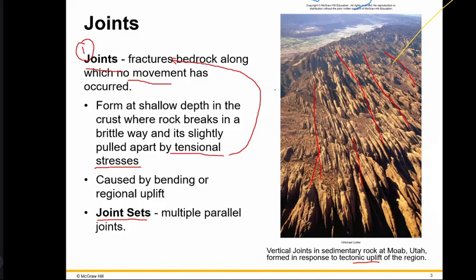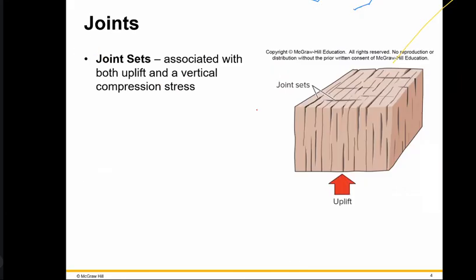So joints are a type of fracture along which there's little or no displacement on the rock. And then when you have multiple joints, you call them joint sets, multiple parallel joints. They are associated with both uplift and vertical compression and stress.